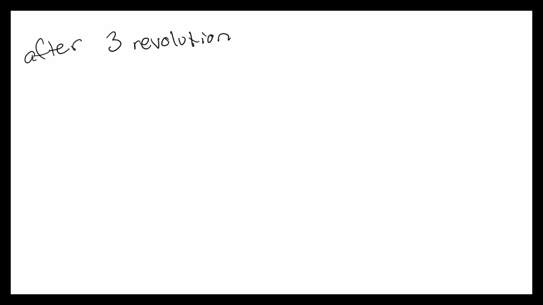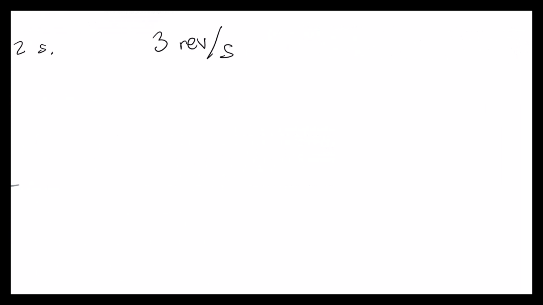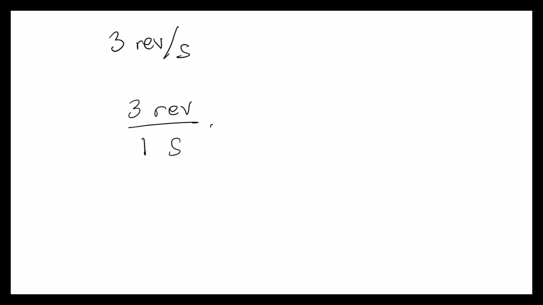Let's say revolutions per second, so we're still dealing with angular velocity. What if instead of 18 rads per second, it told us 3 revolutions per second? We need to remember that revolutions are not just like radians, but we can convert it. So there are 3 revolutions per 1 second.